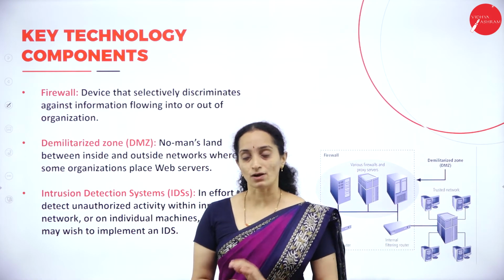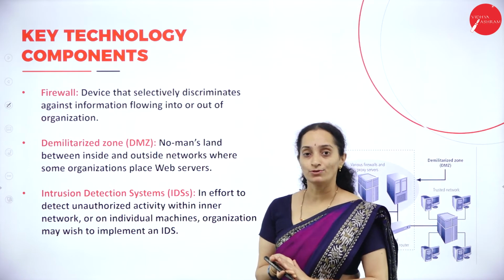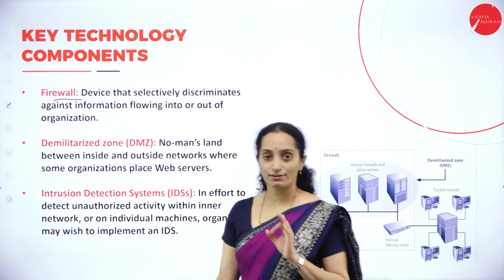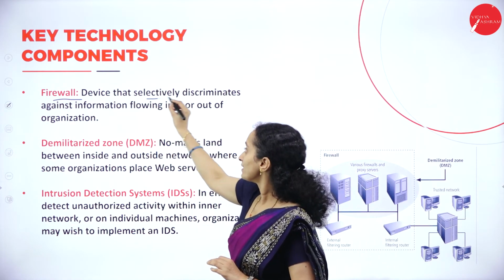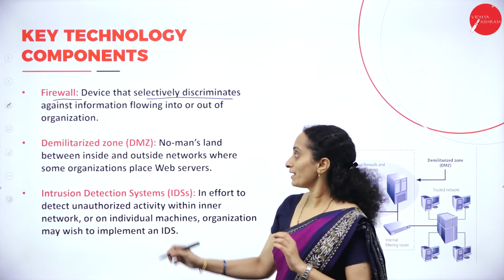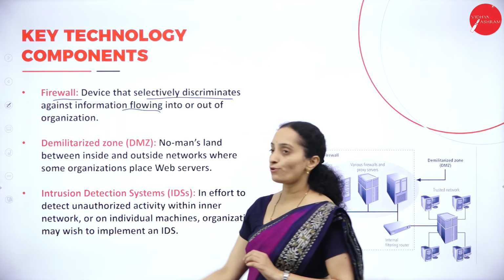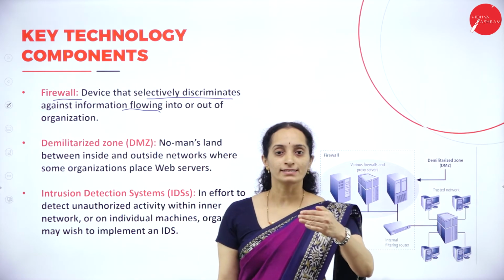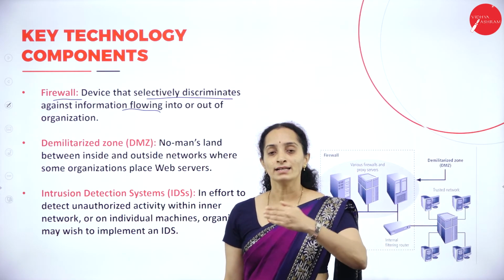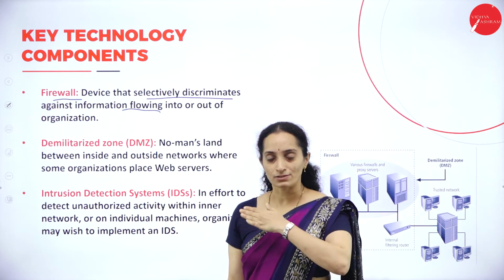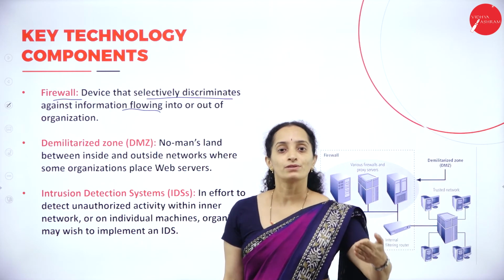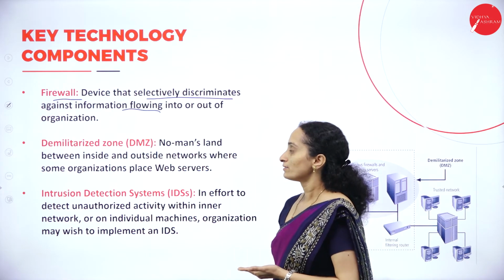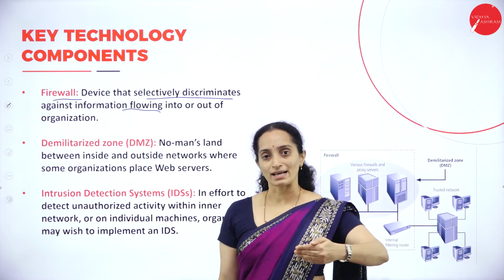What are the key technology components you can have to protect your data in the organization? One is having the firewall. The firewall is the device that discriminates the information flowing into or out of the organization. A firewall will restrict which kind of data can go outside the organization or which kind of data can come into the organization's system or server. So the firewall will be like a wall.